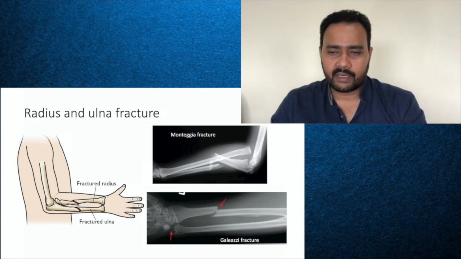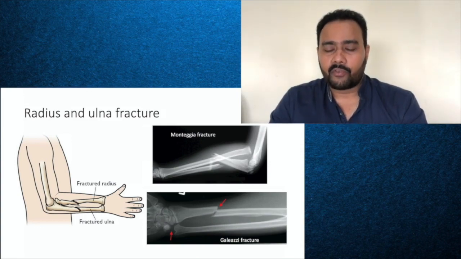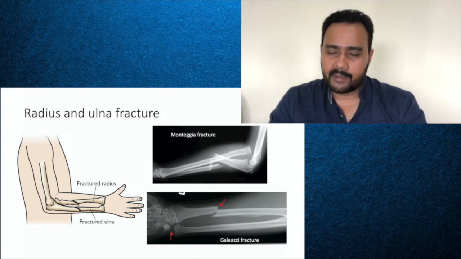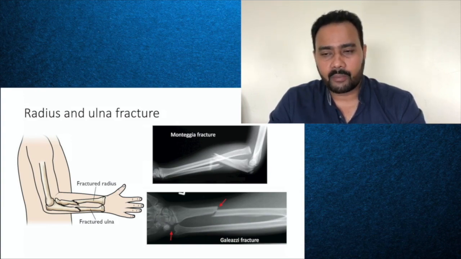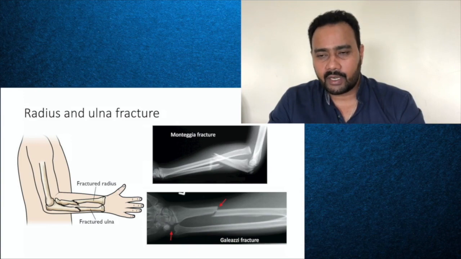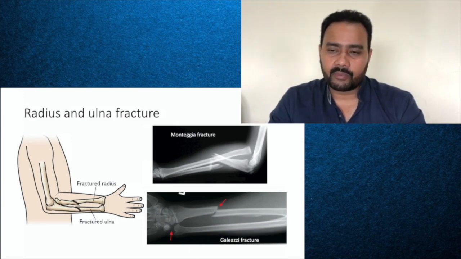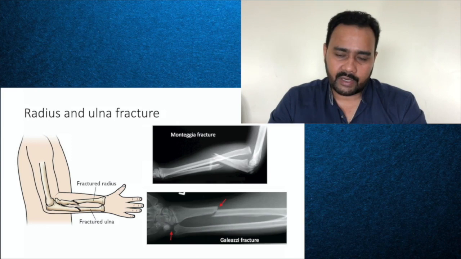So the clinical anatomy you have to understand in forearm fractures is that the forearm bones are paired bones. Usually whenever you get a fracture, it occurs together in both bones. But whenever a fracture occurs in a single bone, always check whether there's any proximal radio-ulnar joint dislocation with the proximal fracture, and distal radio-ulnar dislocation with the distal fracture.